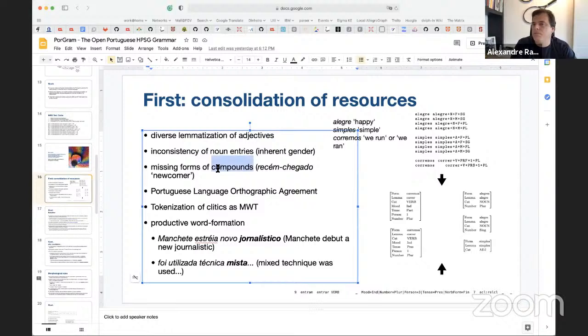We have many compounds missing in our lexical resource. We have the new orthographic agreement, since the corpus contains text from before the orthographic agreement.